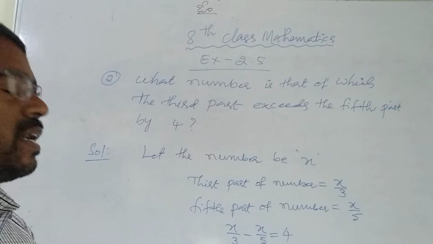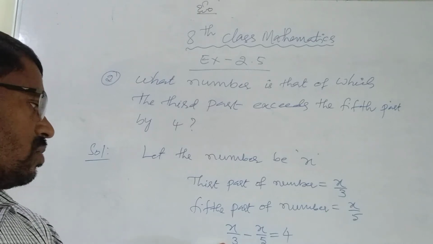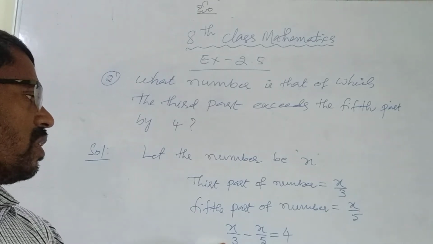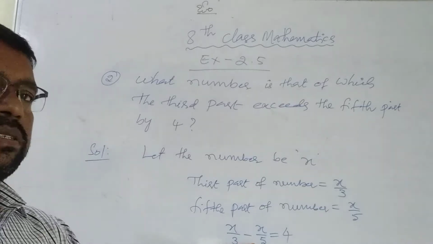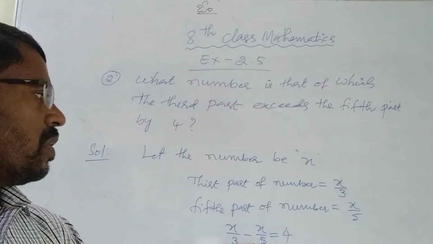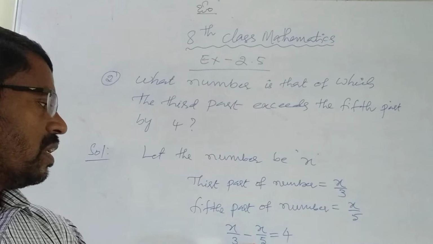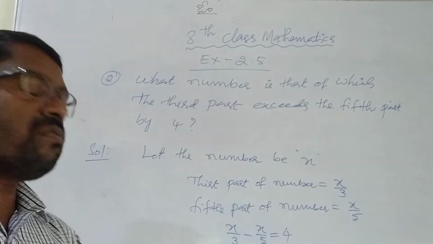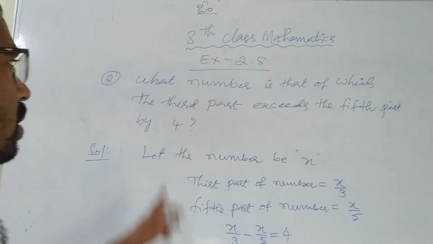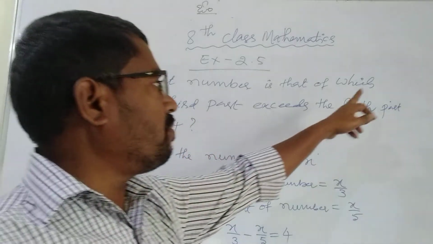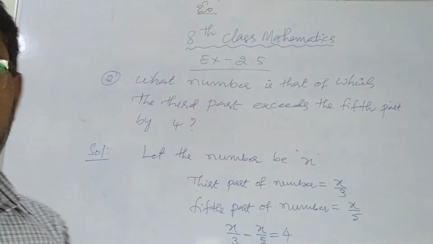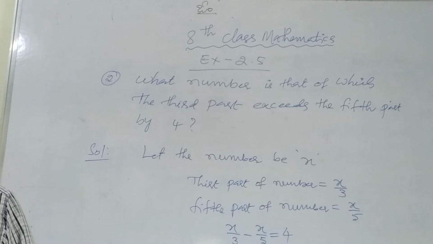Left hand side, right hand side we should make it. The difference between these two is equal to 4. That means the third part exceeds the fifth part by 4.